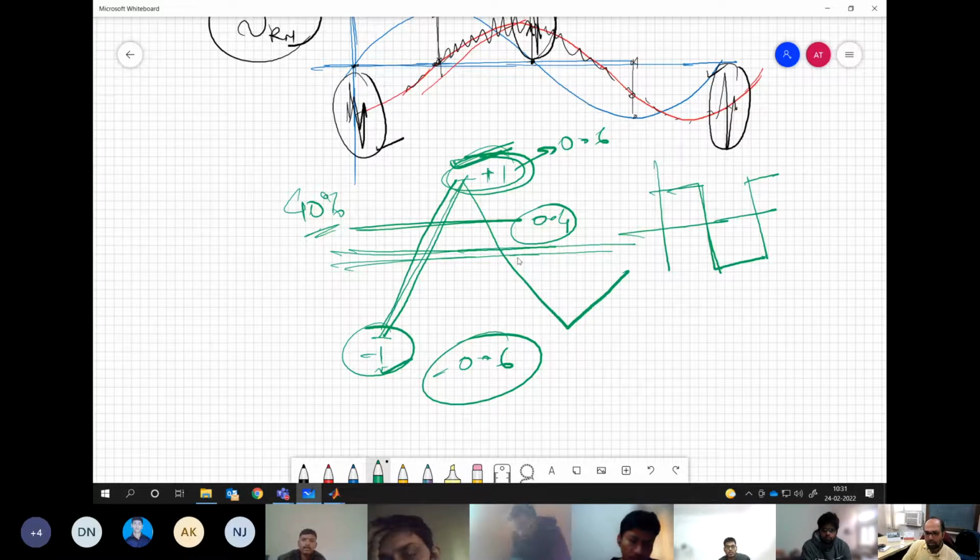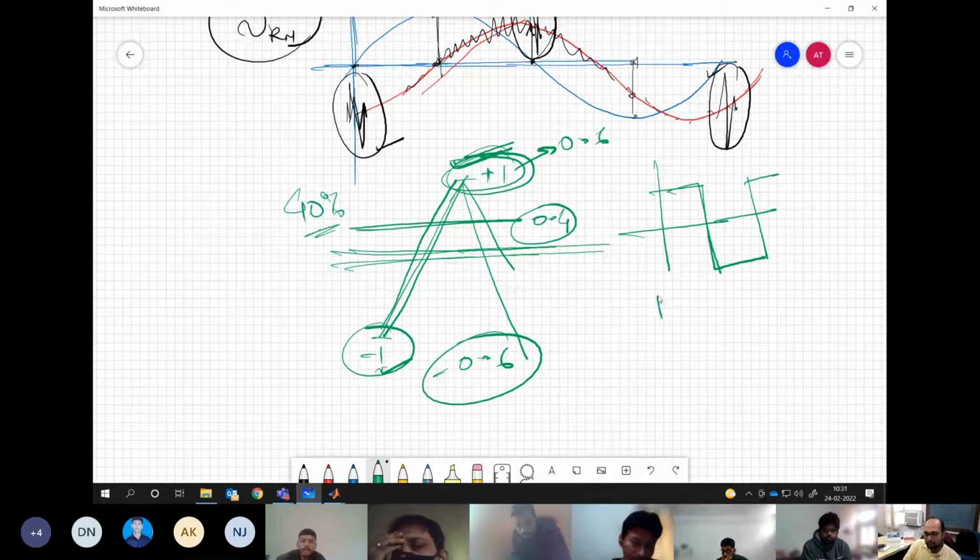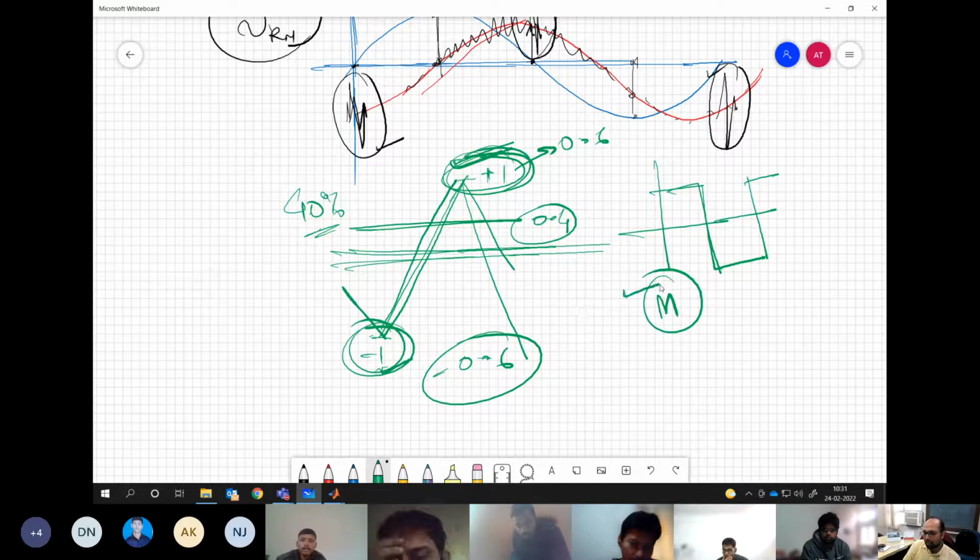Sir, I'm saying that in yesterday's case, you told me to consider instead of one, the capital M value to be 0.8. So capital M value, I'm asking where did I ask you to change this carrier peak? What is capital M? Sir, modulating signal amplitude. Is this the modulating signal? No, sir. Why are you changing this?